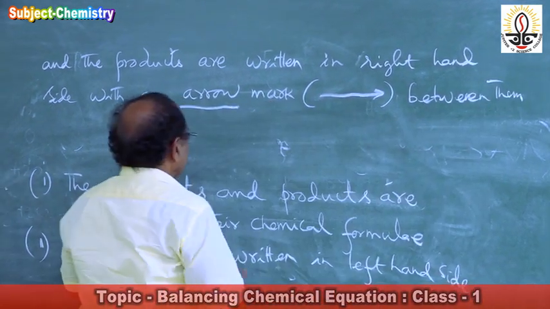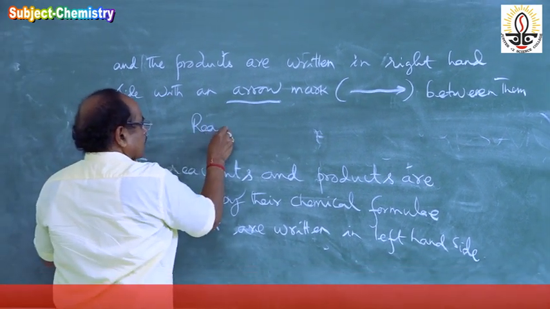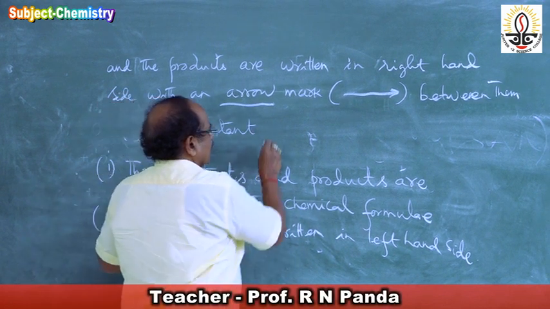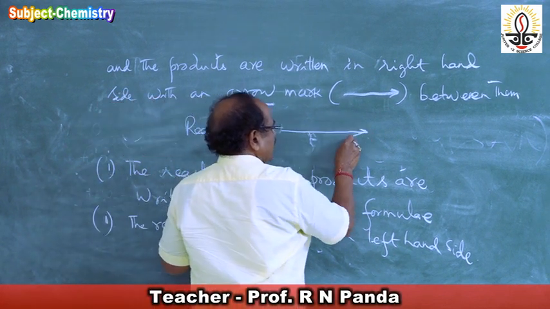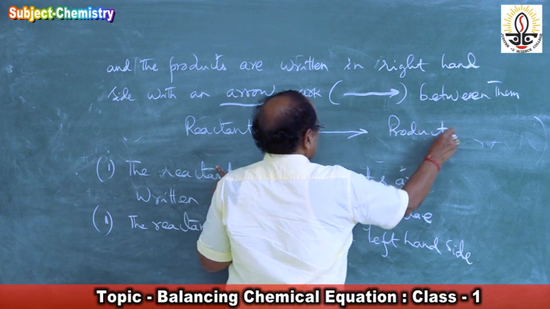That means we write the reactants on the left side by their chemical symbols or formulae, then put an arrow mark in between and write the products on the right side.